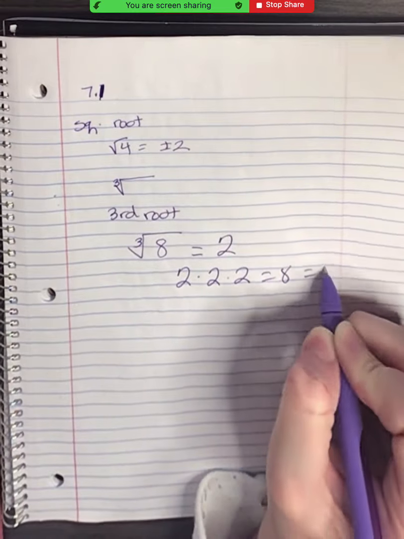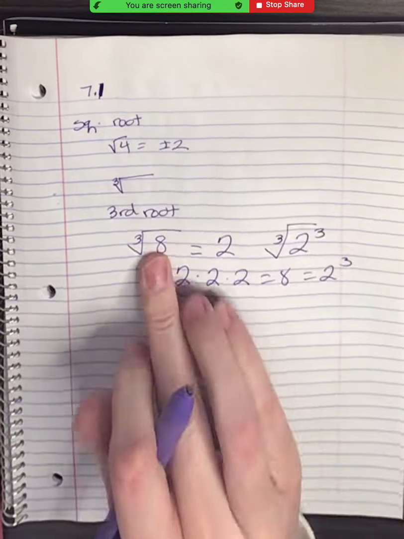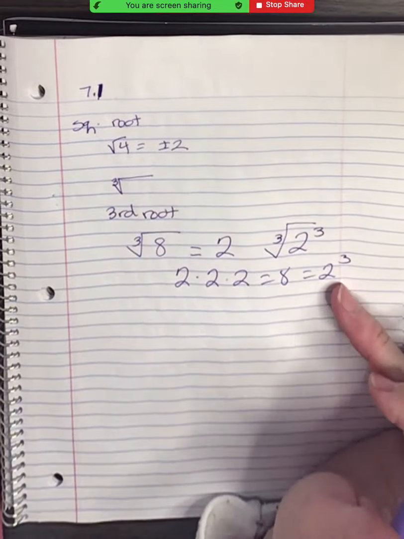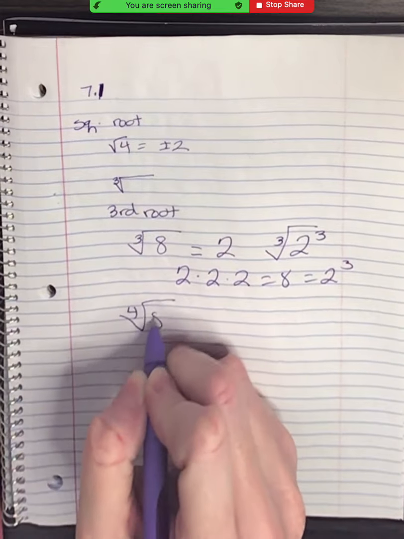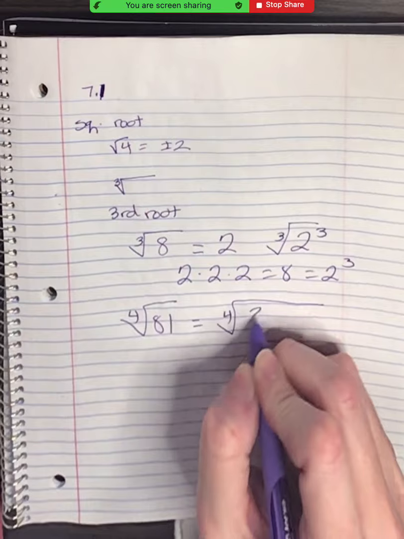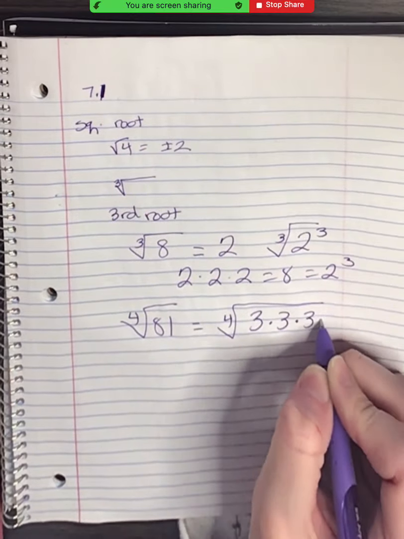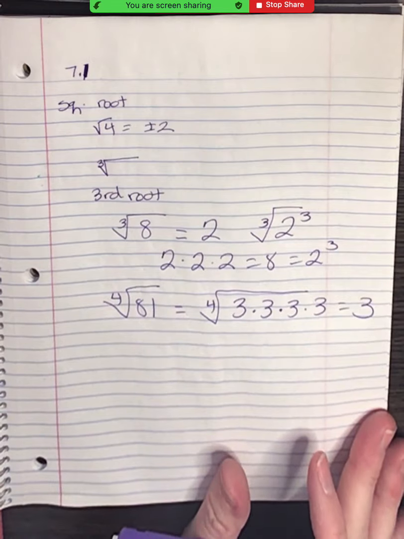Or we could say 2 cubed. So it would be the cube root of 2 to the third, because 2 to the third is 8. So then that's 2. Okay, fourth root, right? That's the number here. So what number times itself 4 times gives you 81? That would be 3. Okay?